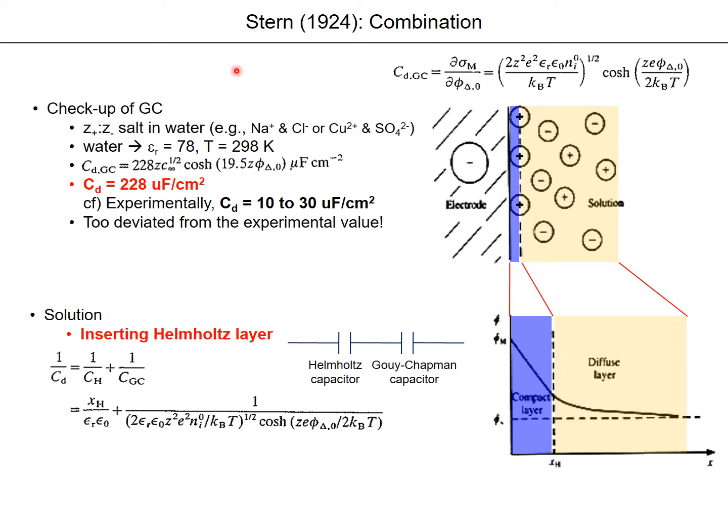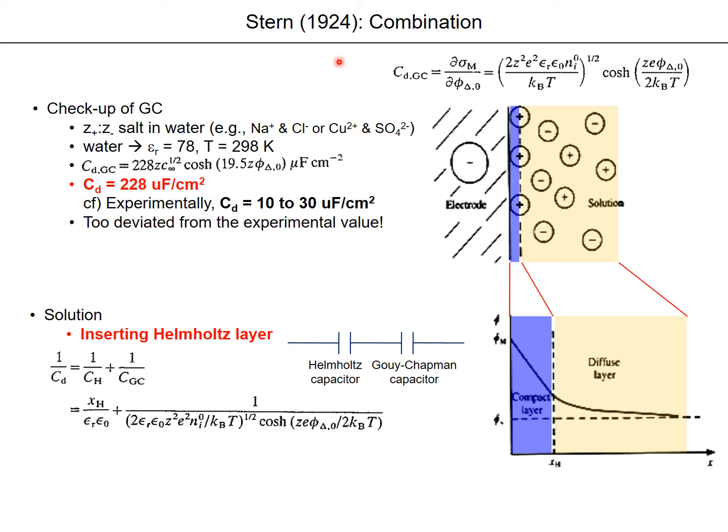Here is the third model of the electric double layer, proposed by Stern in 1924. In this model, the Helmholtz layer and the Gouy-Chapman model are combined with each other. Right now we have the Gouy-Chapman model. The Gouy-Chapman model solved the problem of potential independency of the Helmholtz model.